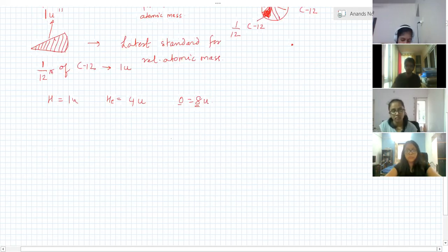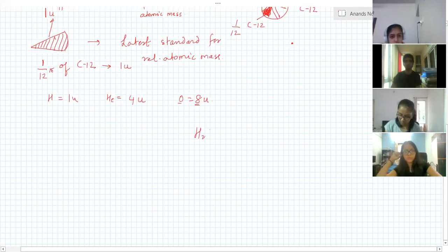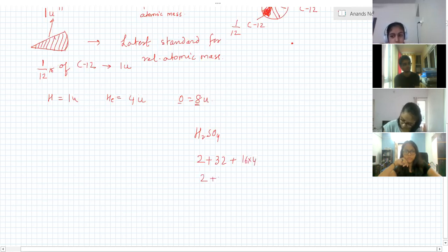So when you're calculating H2SO4, you're calculating the relative molecular mass. Hydrogen is 2 plus sulfur is 32 plus oxygen is 16 into 4. Okay, 2 plus 32 plus 64, and you're making this as 98.